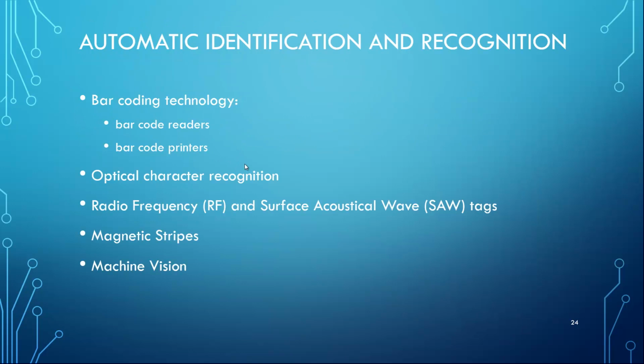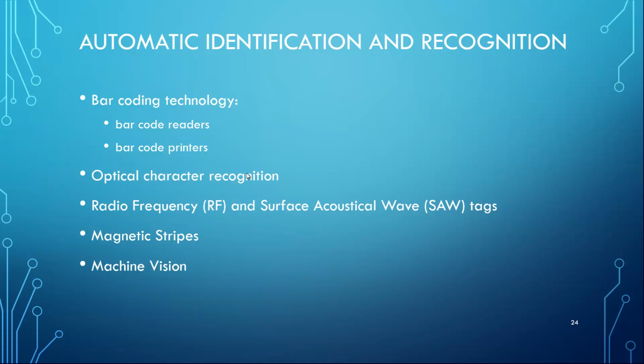Examples of identification equipment are barcode technology, barcode readers, and barcode printers. We also have optical character recognition, radio frequency and surface acoustical waves, so either using radio frequency or acoustical waves tags.